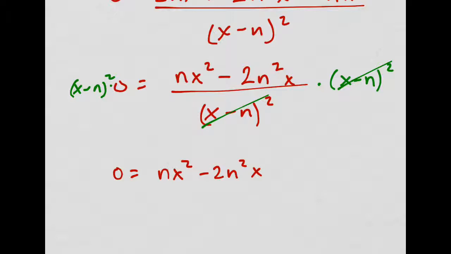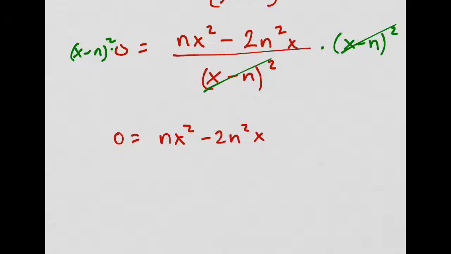How do I solve for x? Well, this is just a quadratic problem, and I'm going to factor out an x squared. No, sorry, an x. So 0 equals, maybe I'll factor out an n as well. Nx times, what is that?